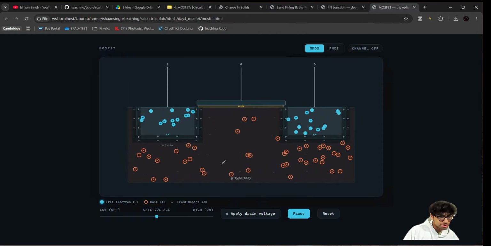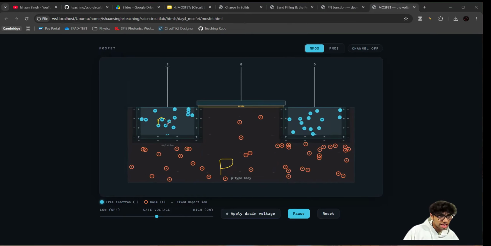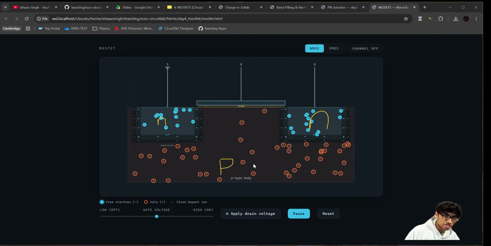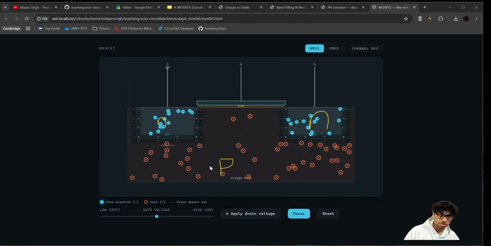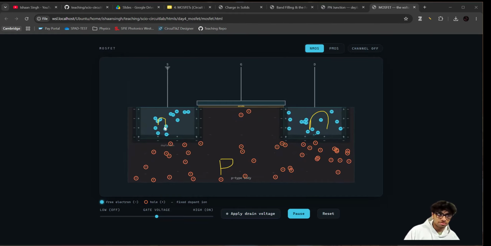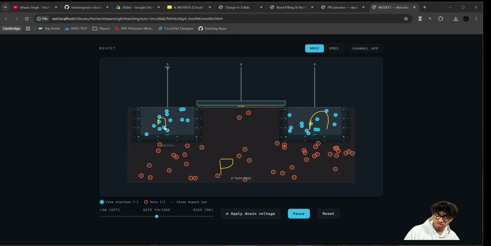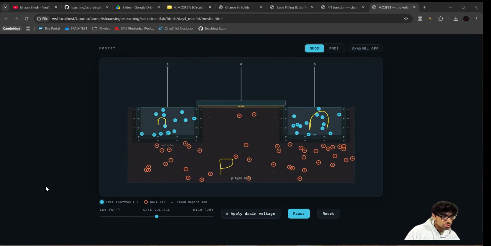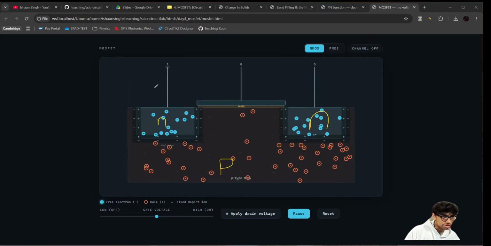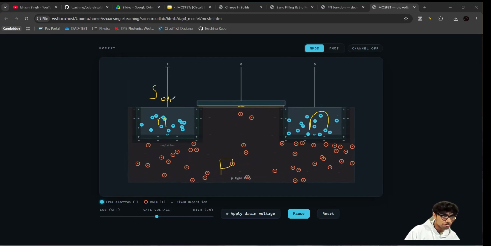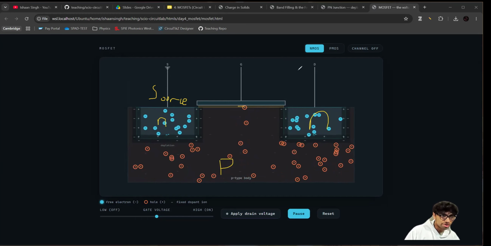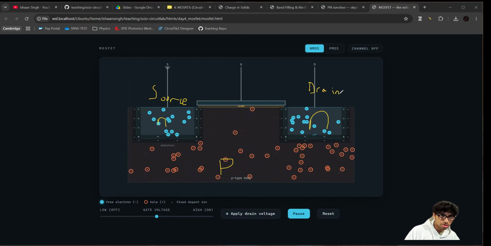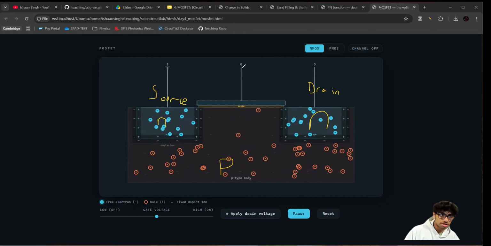This big slab here is P, this slab here is N, and this slab here is N. That should be obvious because you have a bunch of extra positive holes floating around in the P material and a bunch of negative electrons floating around in the N material. So notice that the source is here. Charges are going to flow from the source to the drain. That's why we use those terms.